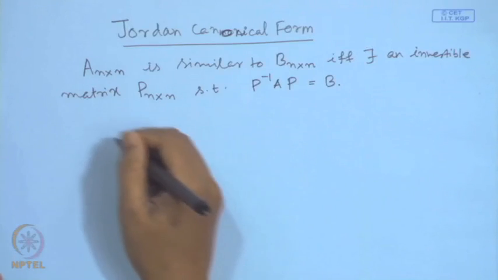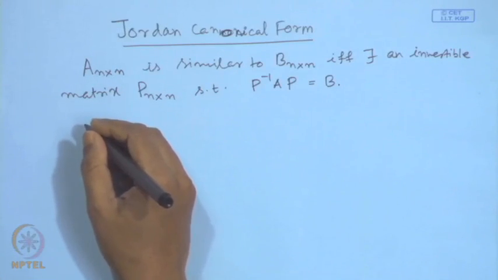Nearly diagonal means that besides the diagonal entries, the super diagonal entries are not 0 and they are equal to 1 at the most. That is, every square matrix is similar to a matrix that is in Jordan canonical form.